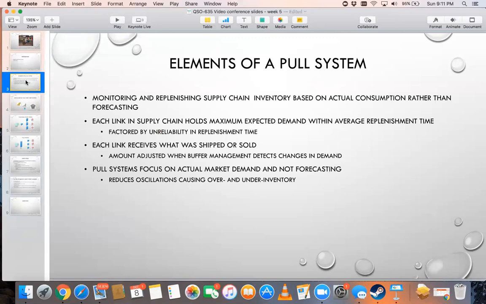Then you have to have a pre-consumption level. Basically, there's a level at which we say the lead time is such that we need to order when we hit maybe 600, so that we make sure that we have 800 in the system. So all these decisions in a push system are based around large batches.